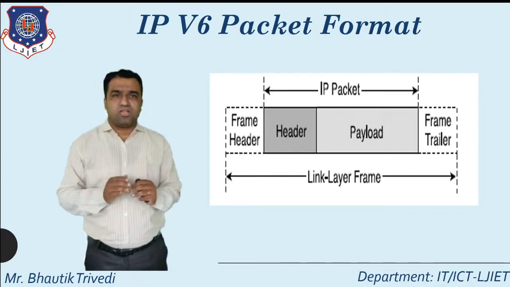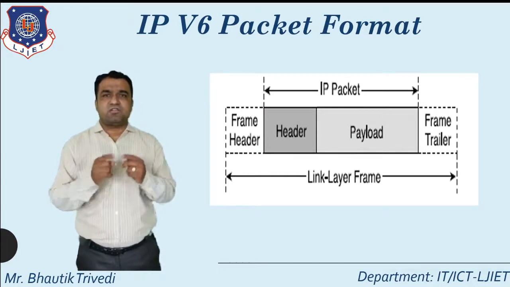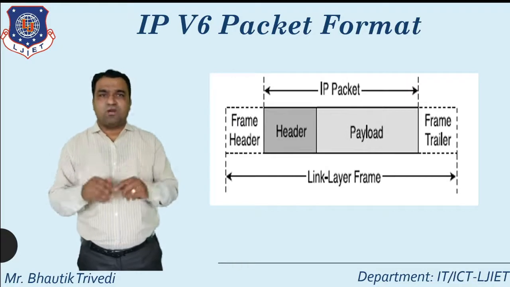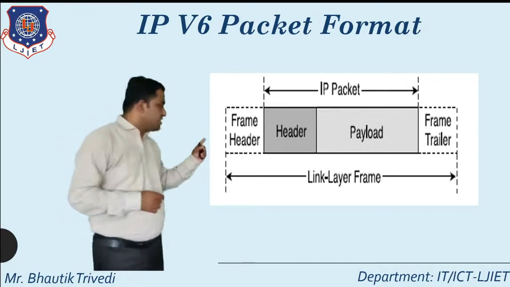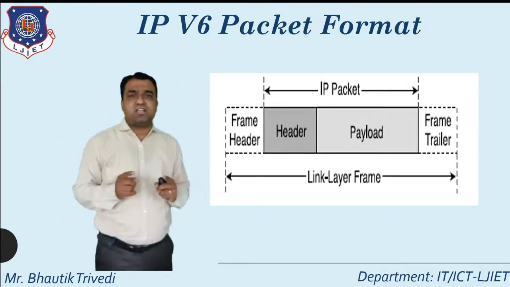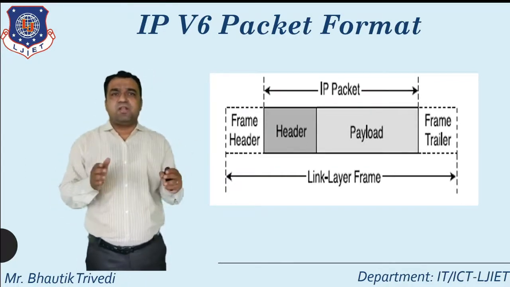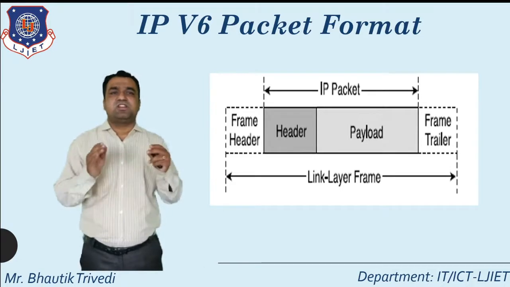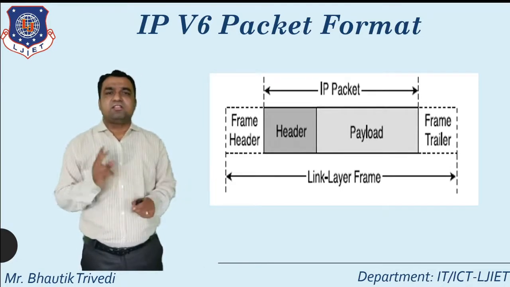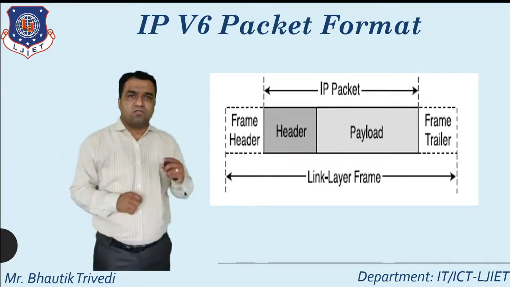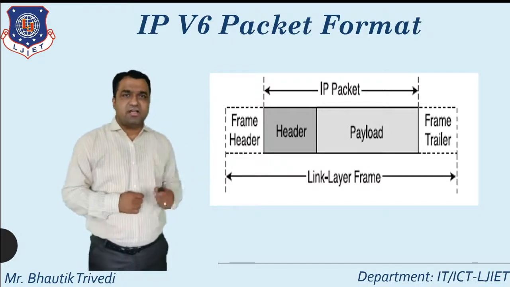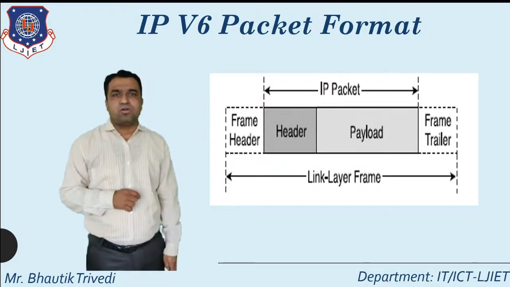So fully concentrate on this particular figure. First of all, I am talking about the link layer frame. Whenever I talk about the link layer frame, remember that it contains one frame header and one frame trailer. But in between, the data in terms of the IP packet is divided into 2 parts: one known as the header and the second known as the payload.